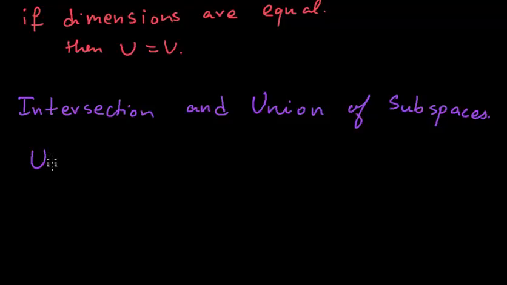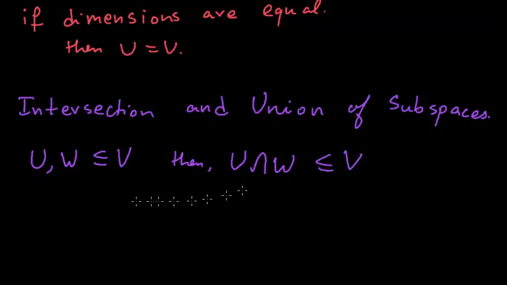Say U and W are subspaces of the vector space V. Then the intersection of U and W is also a subspace of V, but let me write union by this sign so that we don't get confused with these signs. The union of U and W is not a subspace of V.